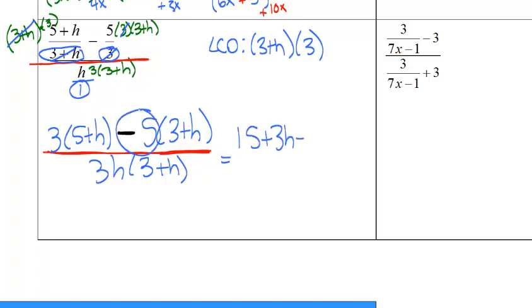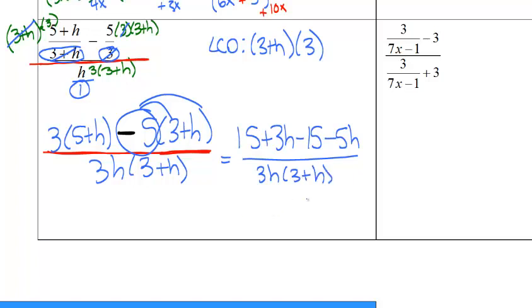Don't forget when you distribute the 5, it's a negative 5 with it, so that's negative 15 minus 5h. And I combine like terms.